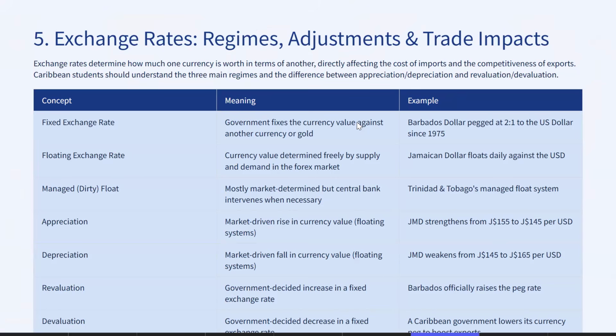Now let us look at the different exchange rates. The exchange rate determines how much one currency is worth when you compare it to the next currency.